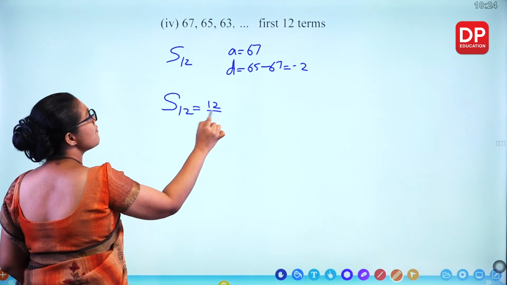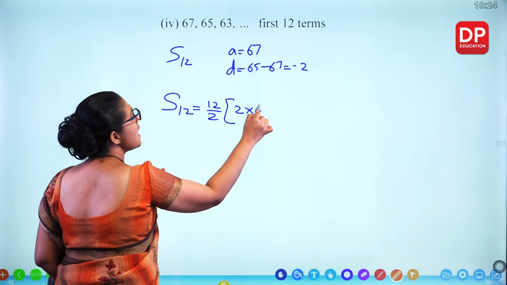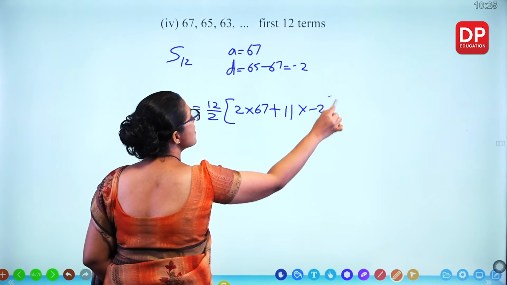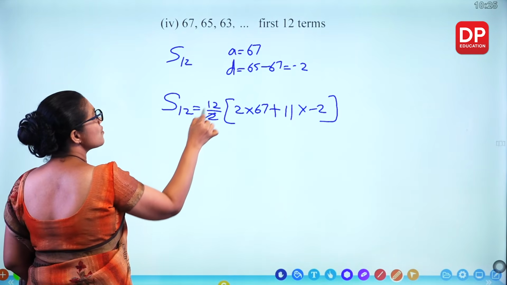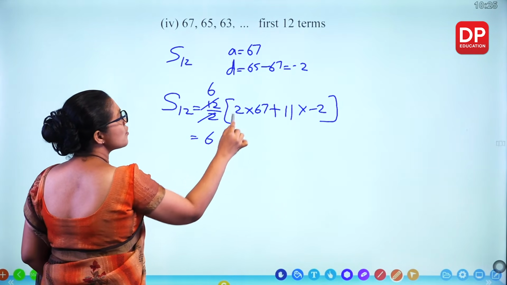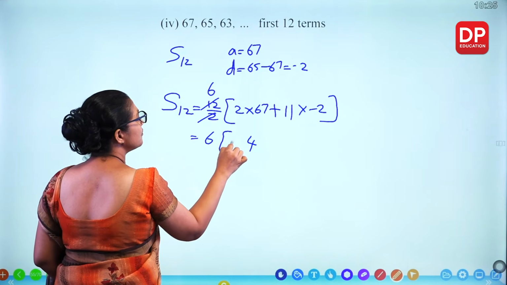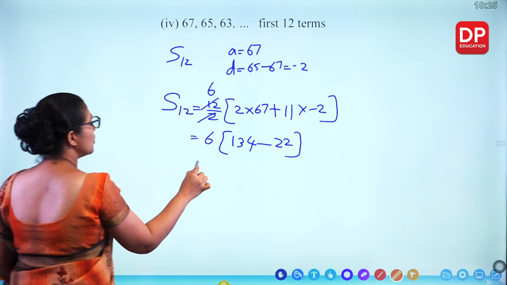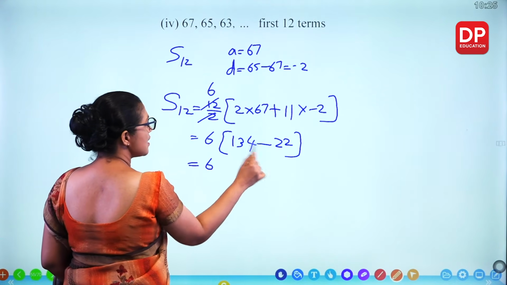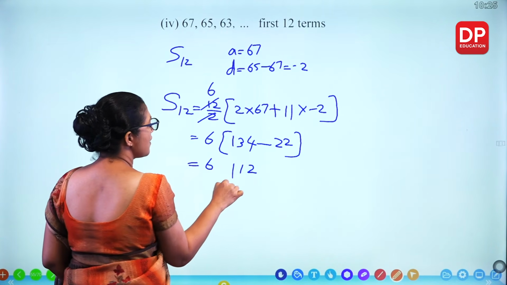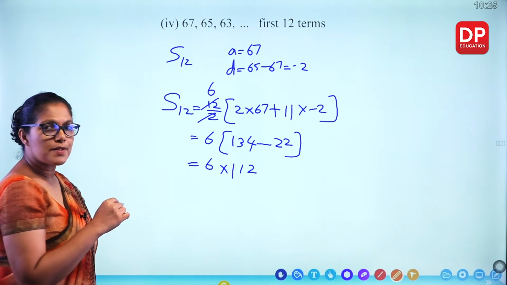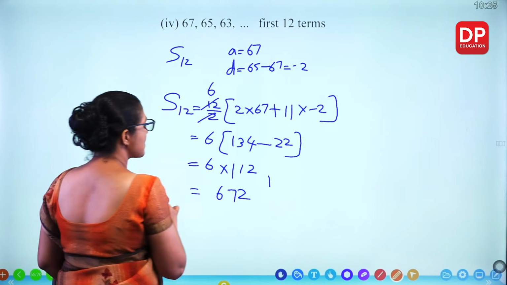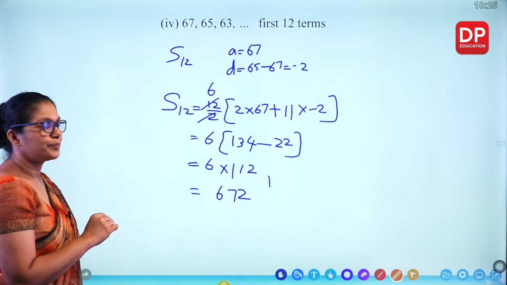S12 equals 12 divided by 2, 2 times A plus n minus 1, that's 11 times minus 2, that's D. 2 times 67, 134 minus 22. 6 times, what is the subtraction? You get 112. 6 times 112, you get 672.